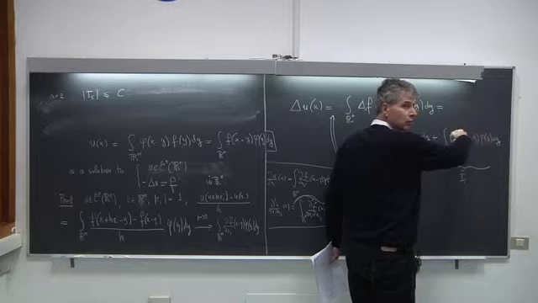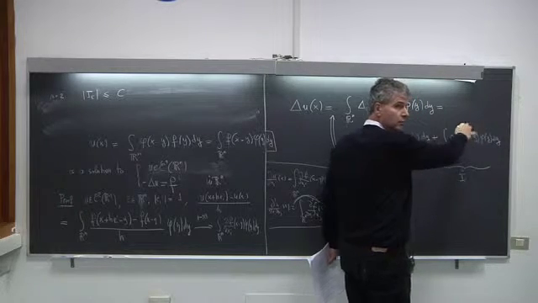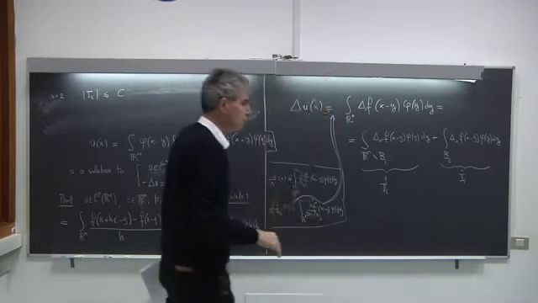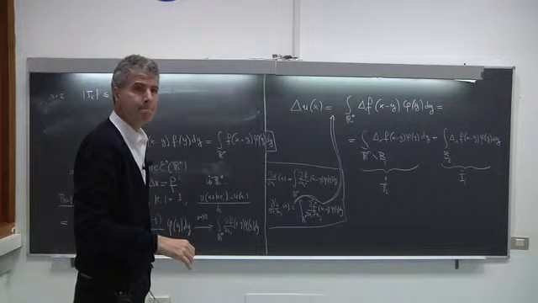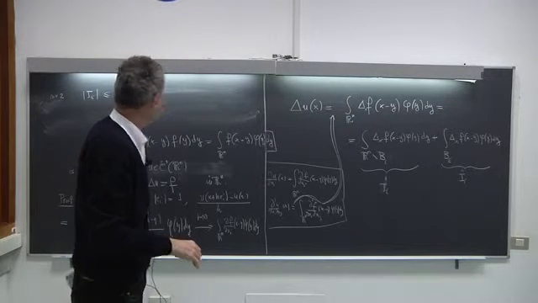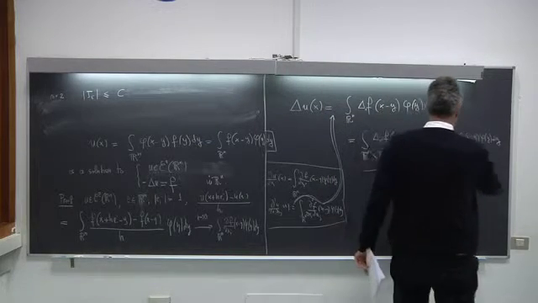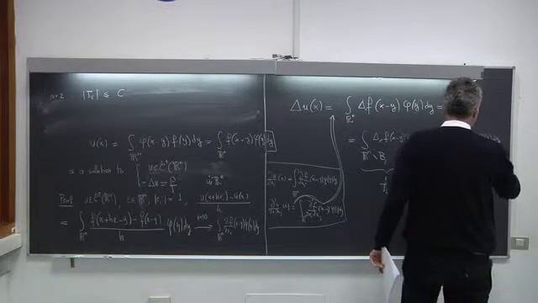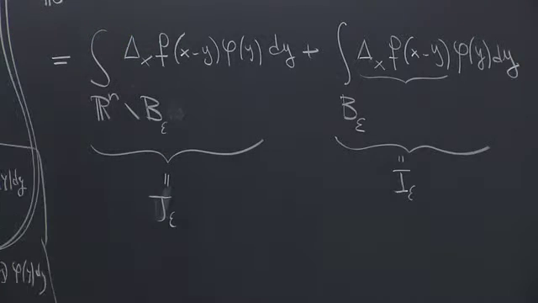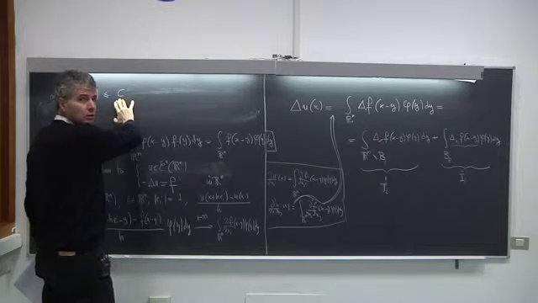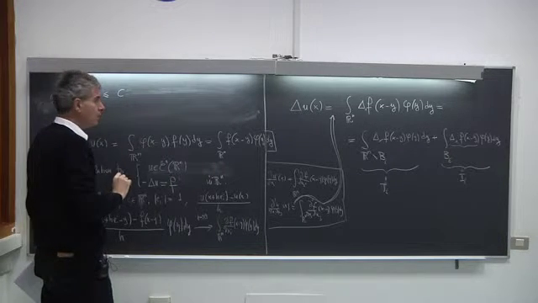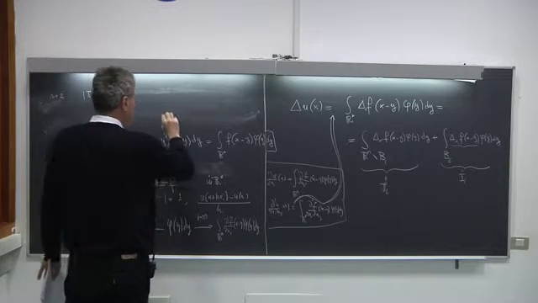This is C2 of compact support, therefore it is bounded. So the absolute value of this is less than or equal to a constant, and I call this constant C.